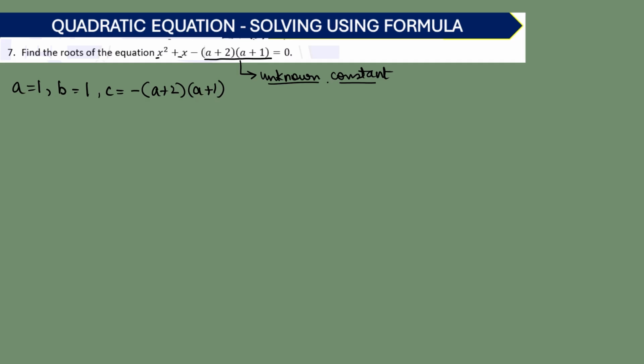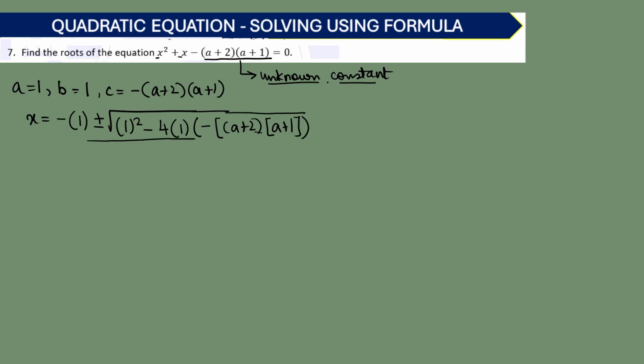So when we use the formula, x is equal to minus b. So that is minus 1 plus minus under root of b square, that is 1 square, minus 4a, that is 4 into 1, into minus of a plus 2, a plus 1, divided by 2 into 1.